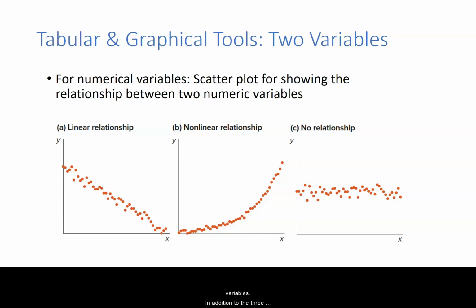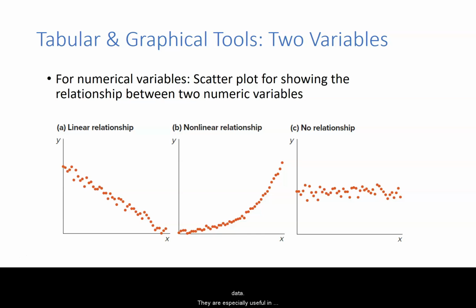In addition to the three relationships that are shown in this slide, many other forms of relationships between data can be detected by a scatter plot. We will demonstrate how to plot a scatter plot in R later in this lecture. So to summarize, tabular and visualization tools are important and effective to help us understand our data.